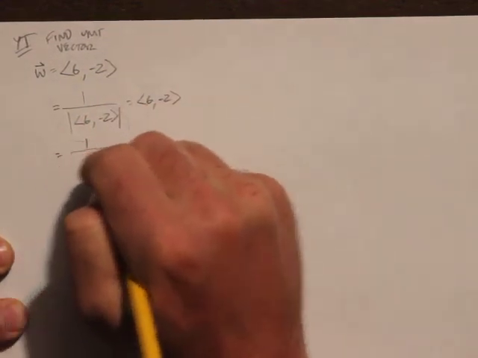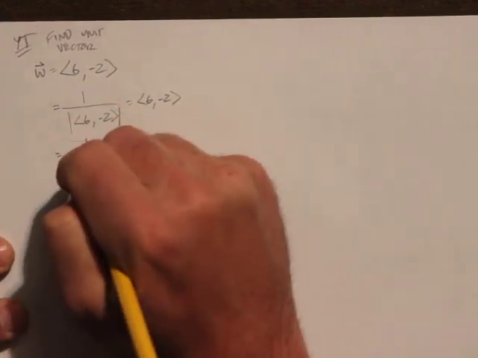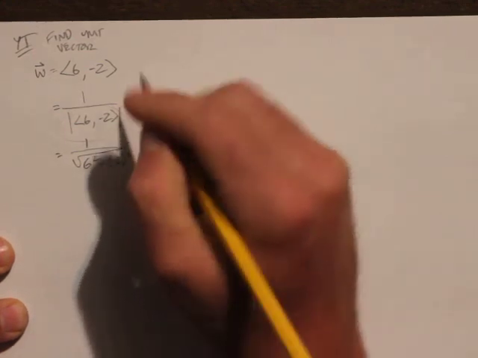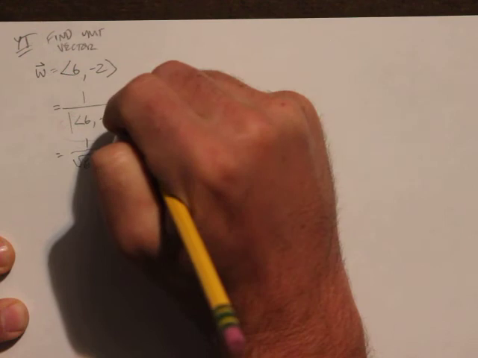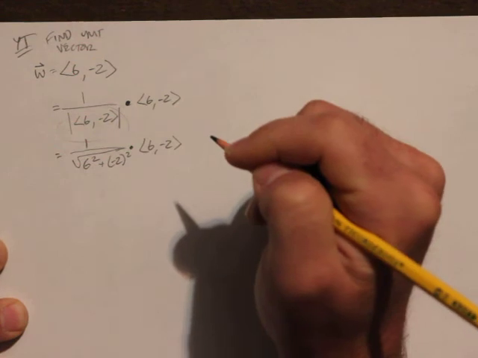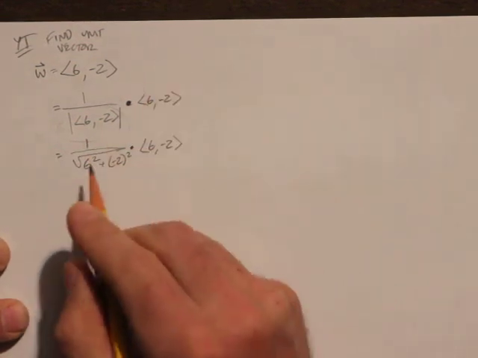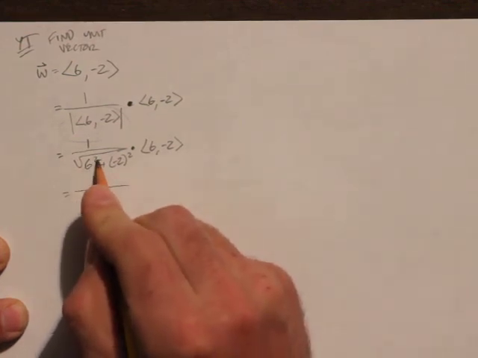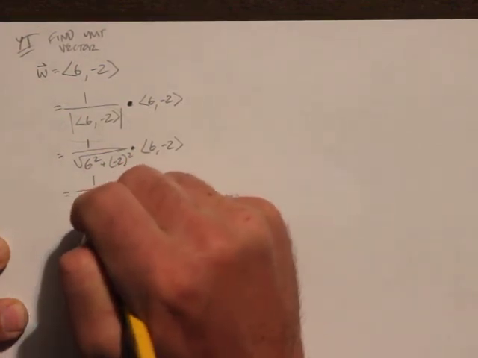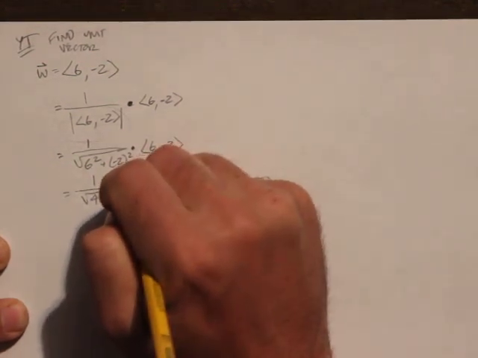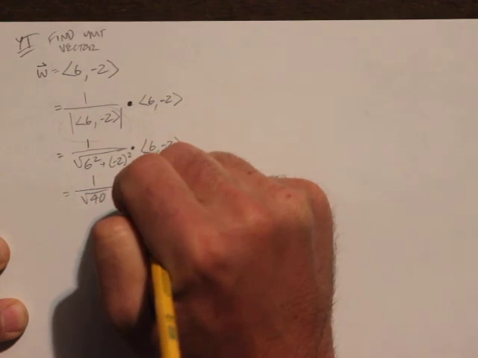So 1 over the square root of 6 squared plus negative 2 squared, times my vector 6, negative 2. 6 squared is 36, negative 2 squared is 4, 36 plus 4 is 40, so I have the square root of 40. Don't miss that square root sign there. That radical is easy to forget.